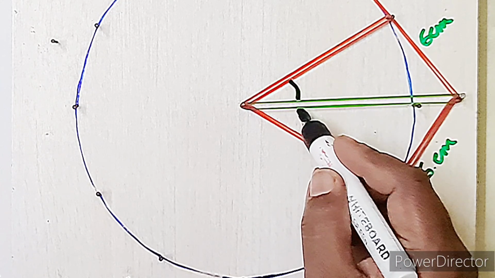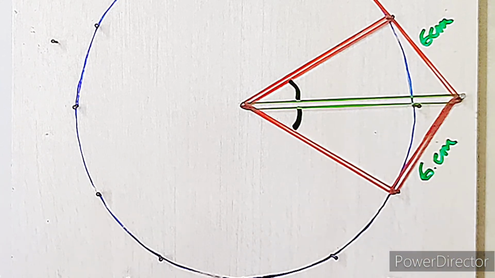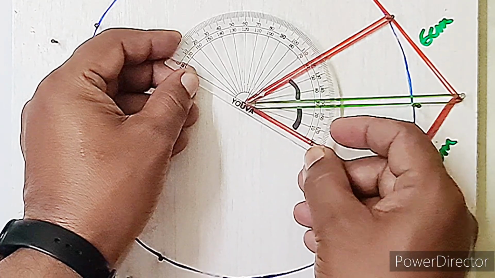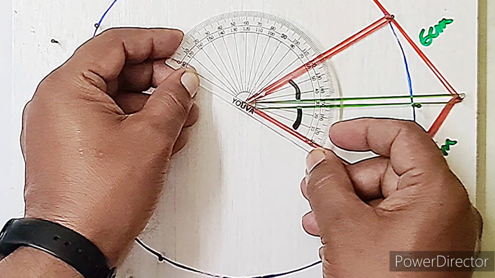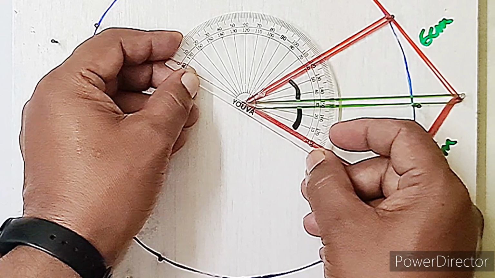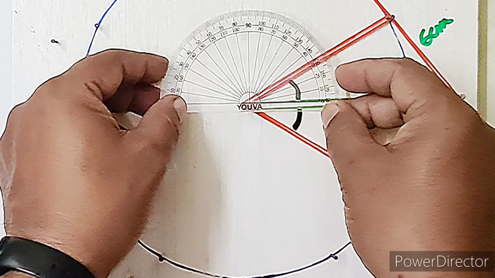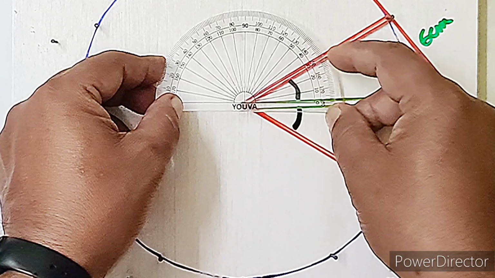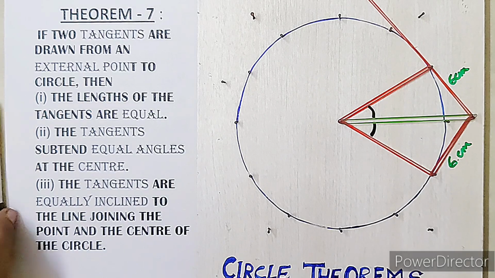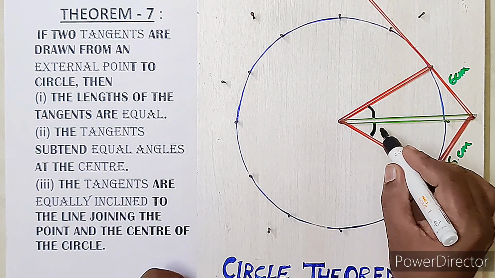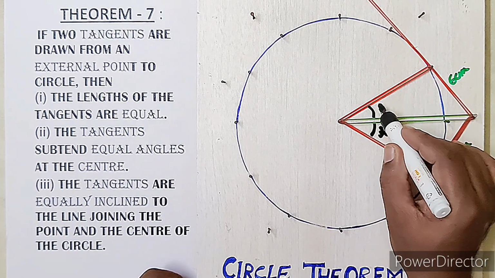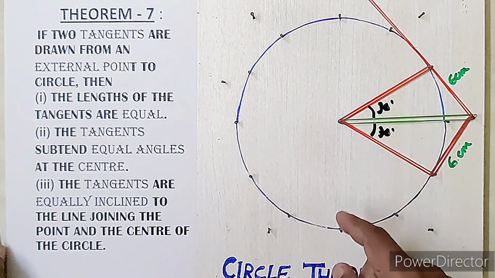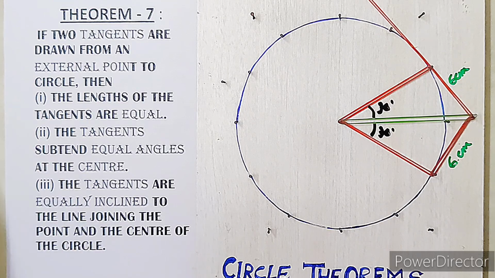At the center it will be subtending this angle. Let us measure and see what their values are. What I see here is that this angle is 30 degrees, and then I measure the next one. You can see it is also coming as 30 degrees. So both of them are 30 degrees. So the tangents are subtending equal angles at the center. That's the proof of the second part.